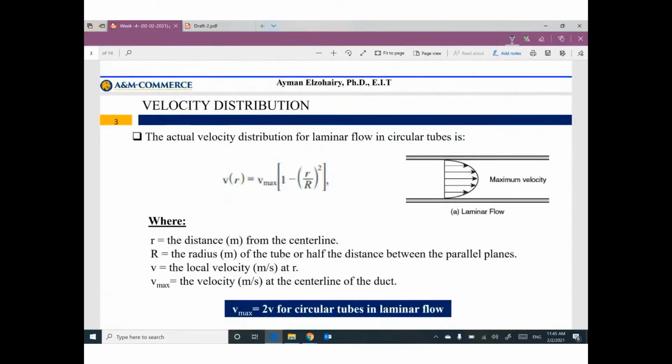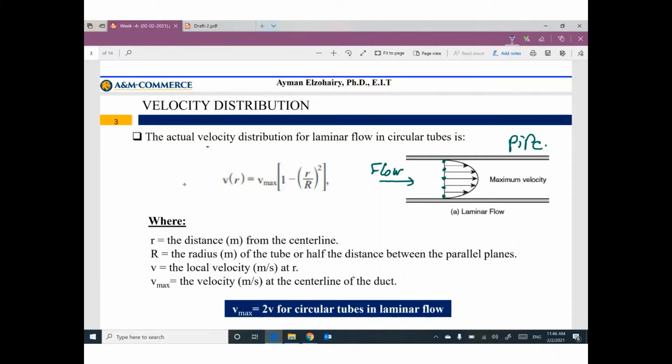Velocity distribution. If you have this pipe and we have flow in this direction, actually this particle of water and this particle and this particle, all of them have different velocity.